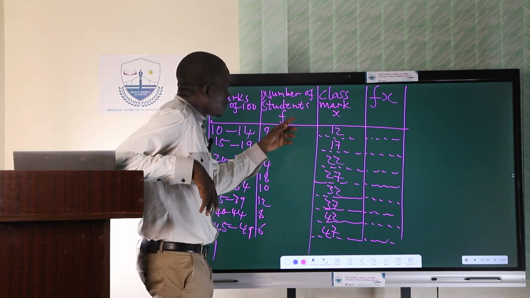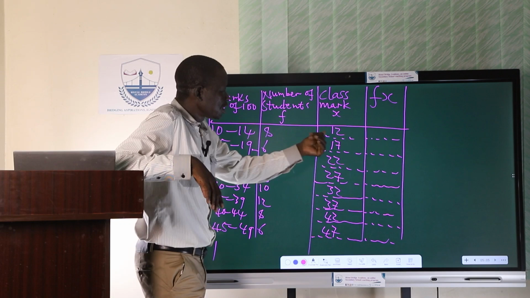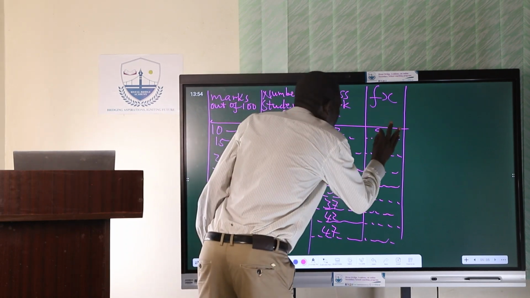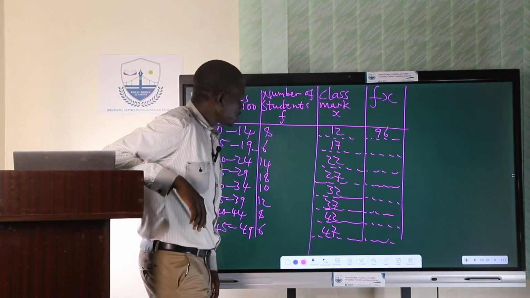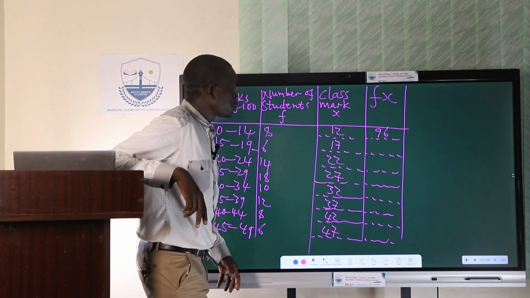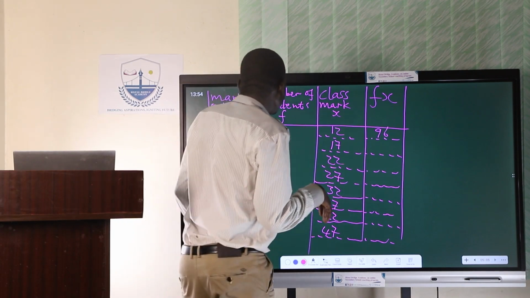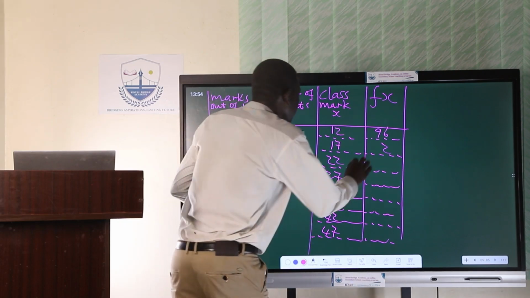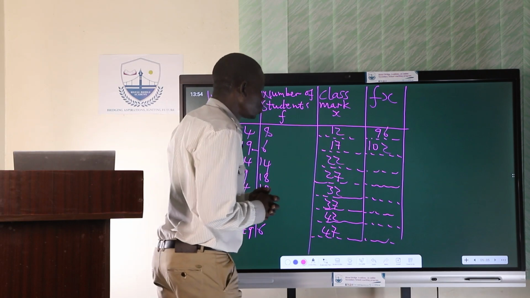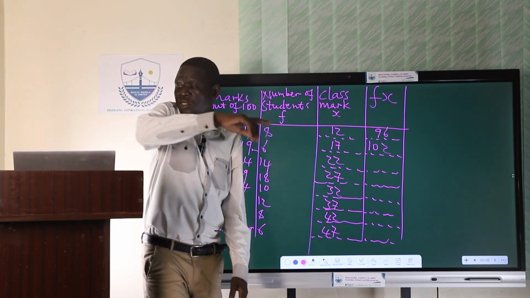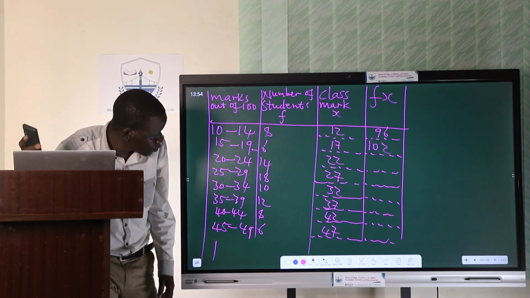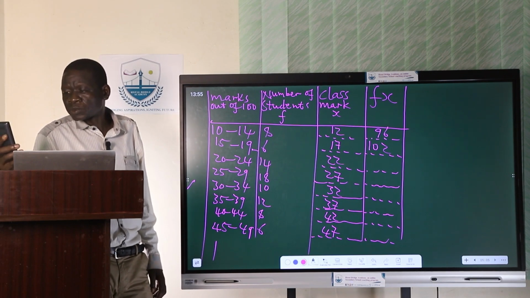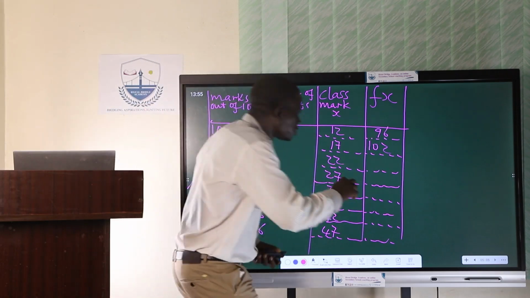So here we shall multiply 8 times 12. 8 times 12, we shall find that we get 96. 6 times 17, we shall get here 42, you carry 4, 6, 10, which is 102. 14 times 22, we find that we obtain 308.